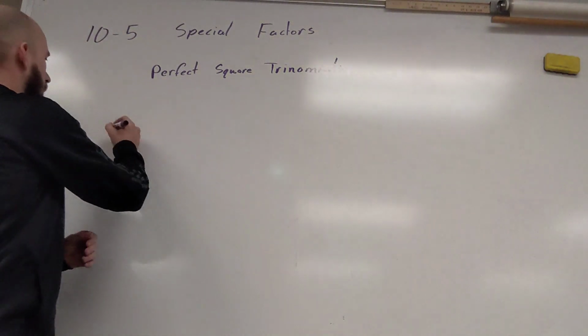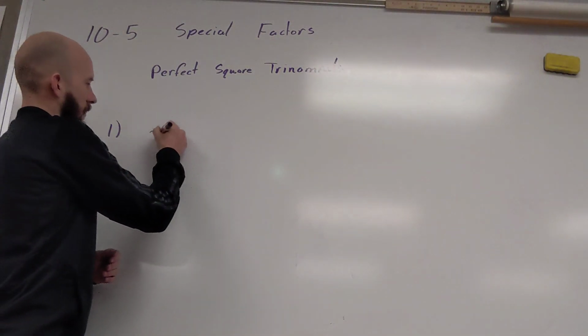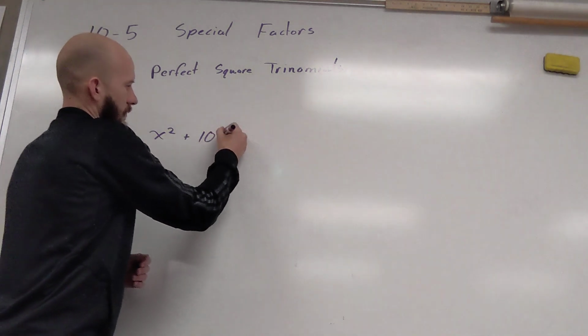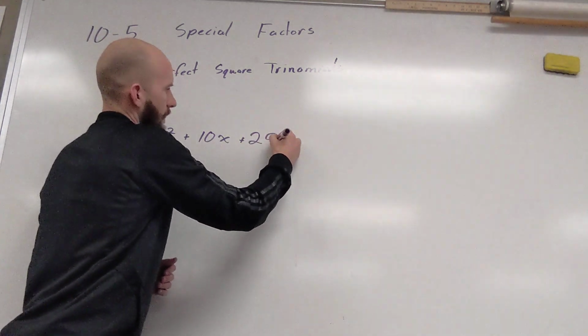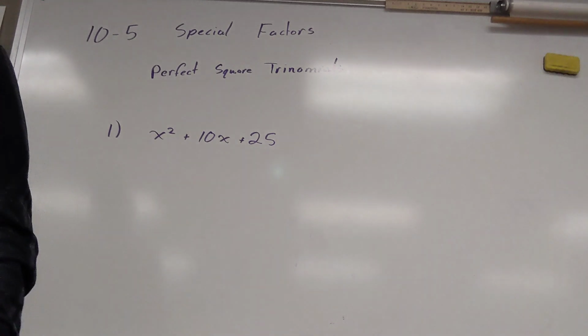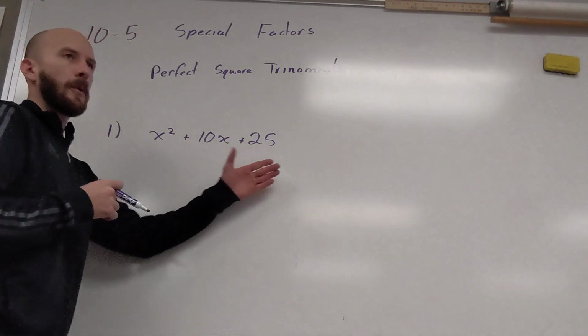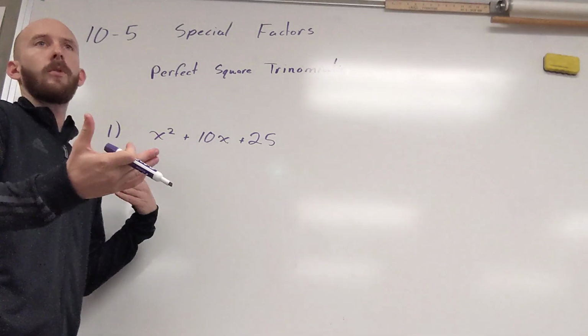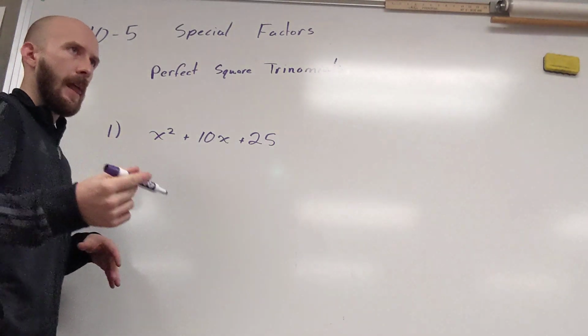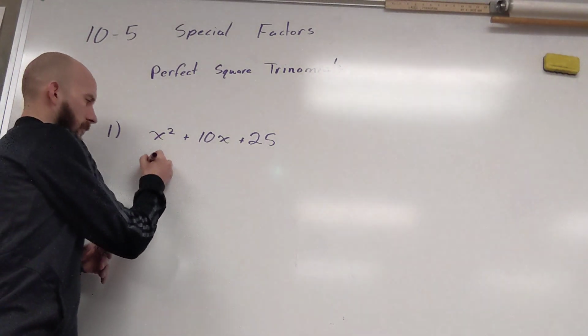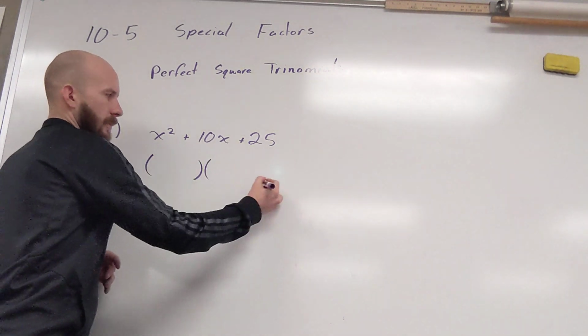So first, we're just going to start with an example. So the first thing that I want to look at, this is going to look pretty much like our normal trinomials, right? I want you to go ahead and put your two sets of parentheses.